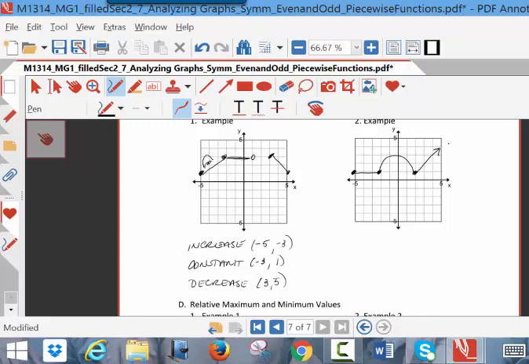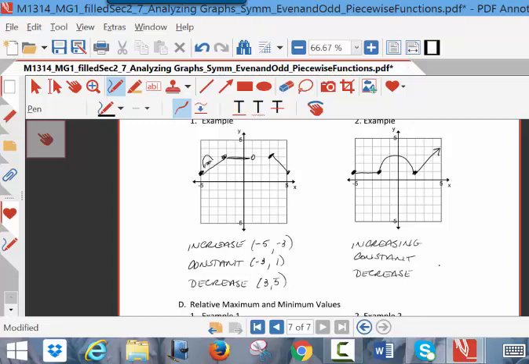Okay. So we're talking about where is it increasing, and this is interval notation with x values in the interval. Where is it constant, and where is it decreasing? Okay, x values in these intervals, x values. So where is it going up?